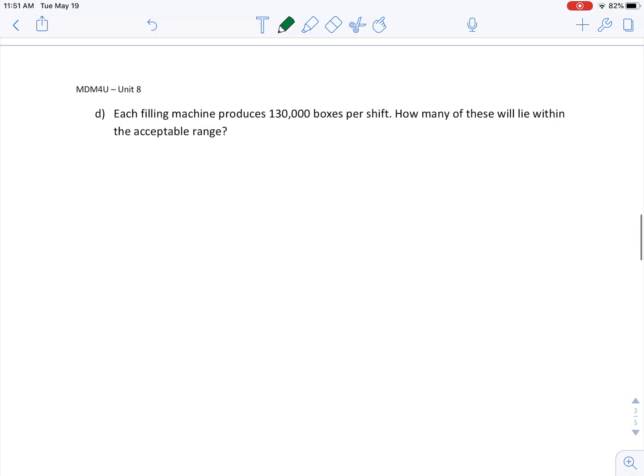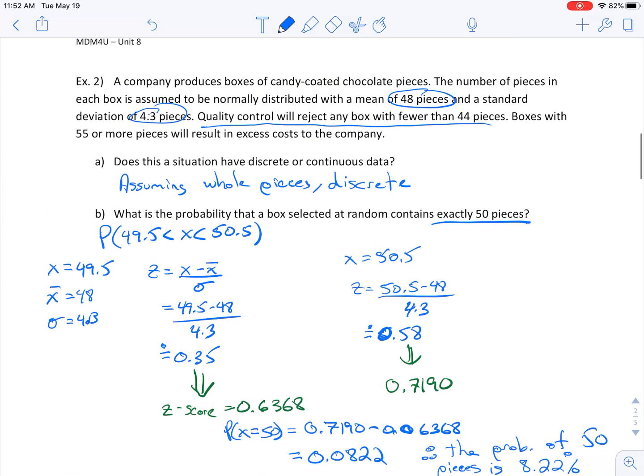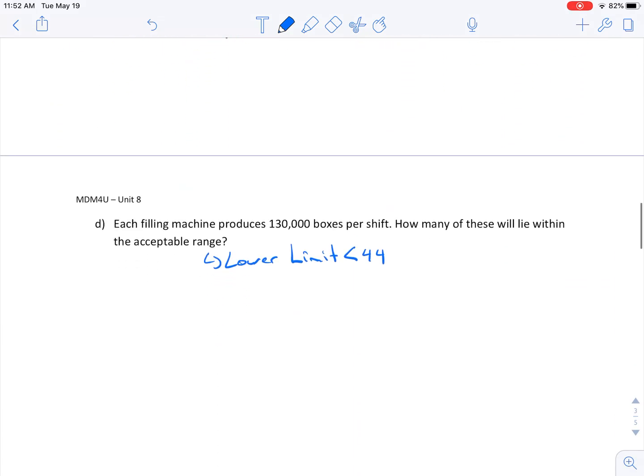The next one says, if each machine produces 130,000 boxes per shift, how many of these will lie within the acceptable range? So the range, the lower limit, we already established, is less than 44. And then in the question, I think it says boxes with 55 or more result in excess costs.